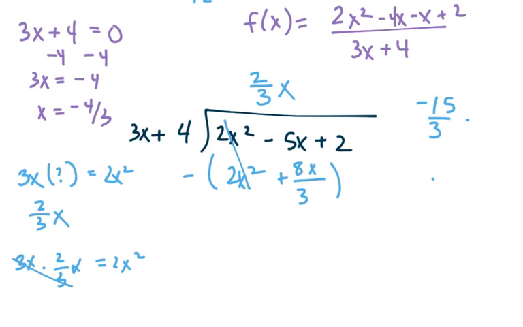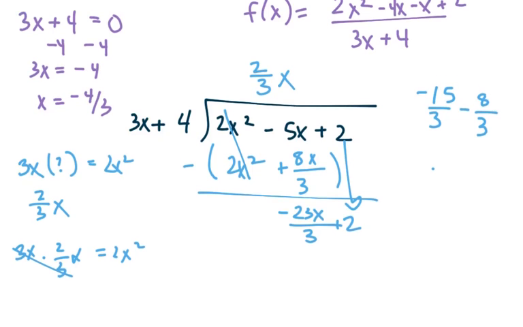Negative 15 over 3 minus 8 over 3 is going to be negative 23x over 3, drop the 2. And then we just ask ourselves, what do I have to multiply 3x by to get negative 23x to the third?